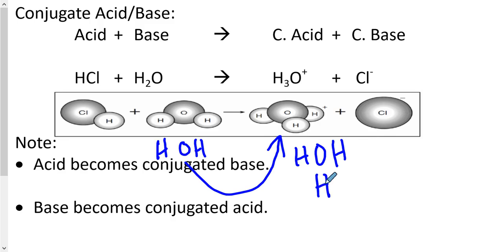So instead of two, I have three with a positive sign. What just happened? Look at your left side and then look at your right side. The water molecule accepted a proton and became a hydronium ion. So if it's accepting a proton, that means the water molecule in this question is a base.